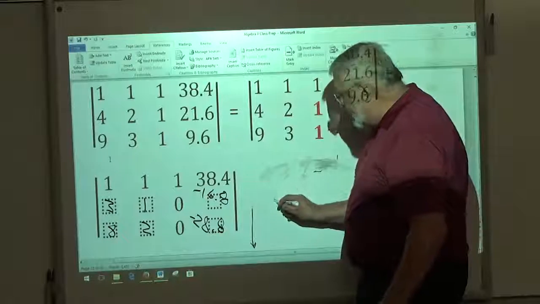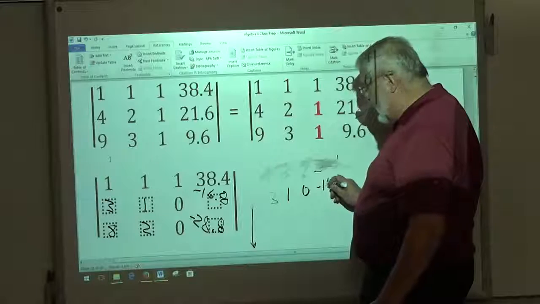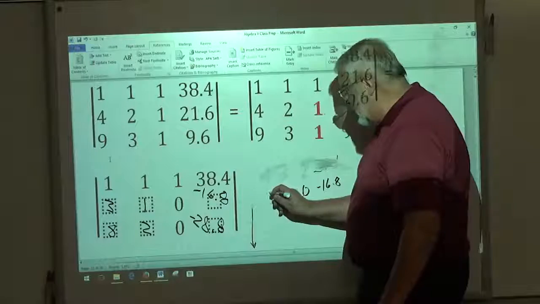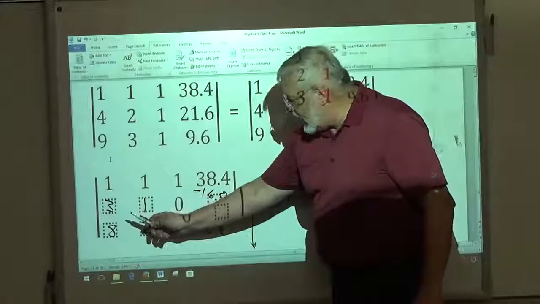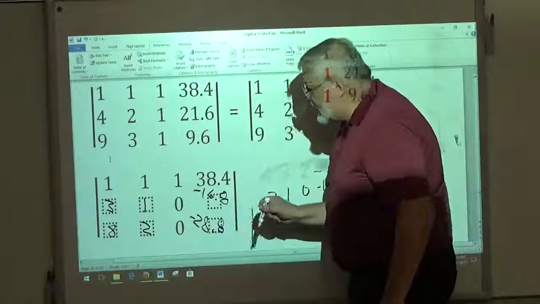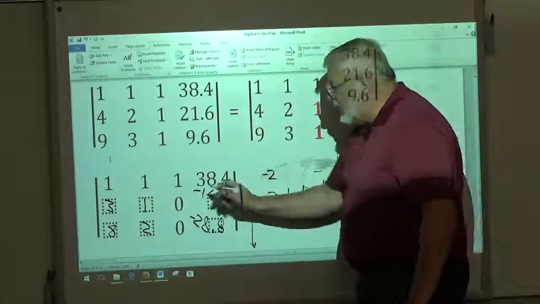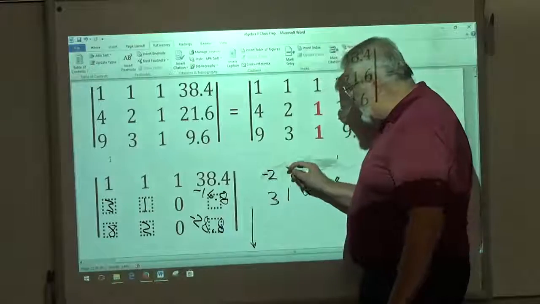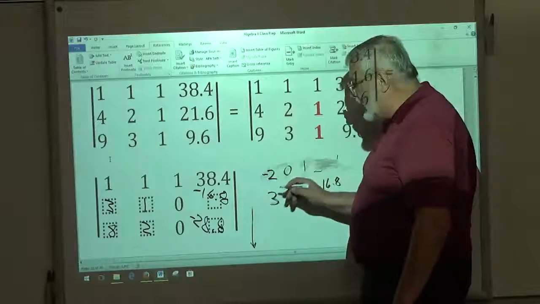I'm keeping the 3, 1, 0, and negative 16.8. So then I take 1, subtract 3, get negative 2. 1, subtract 1, and get 0. 1, subtract 0, and get 1.